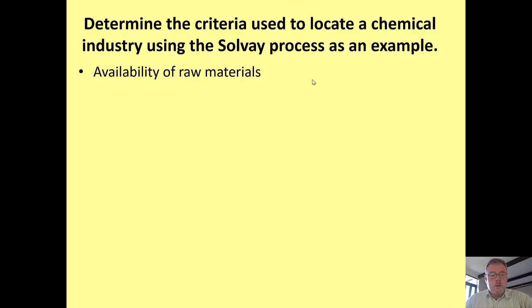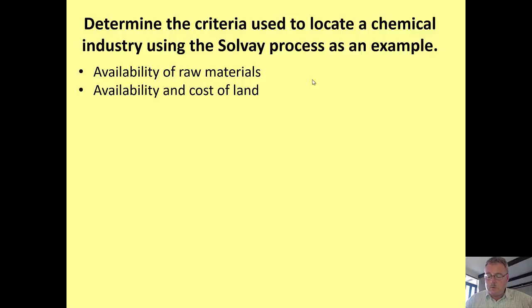You need those available raw materials, your ammonia from the Haber process, your saline solution, your brine, sodium chloride, and your CO2, which comes from the calcium carbonate and limestone in those areas. You need to get those to your plant. They need to be available, so you've got a lot of raw materials and the costs are associated with that.